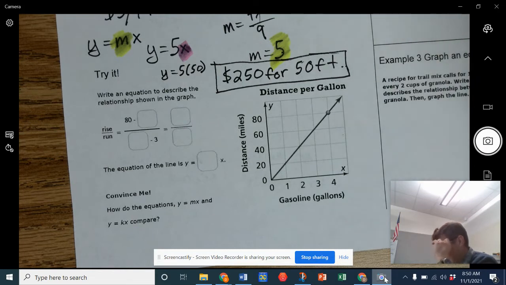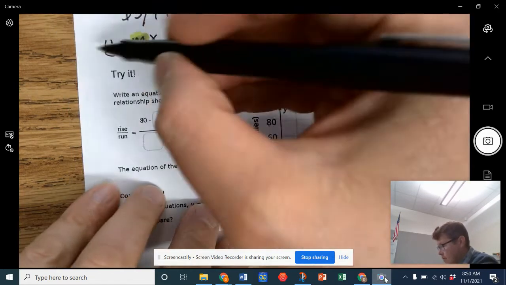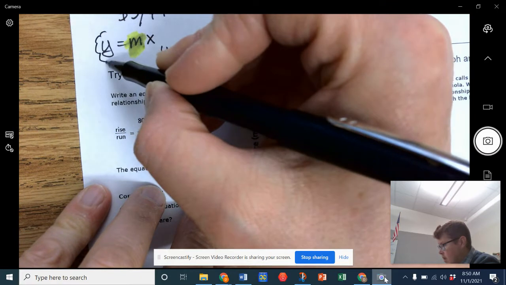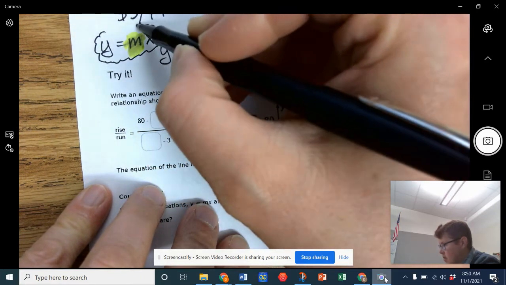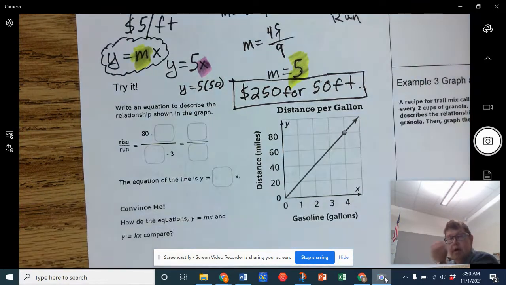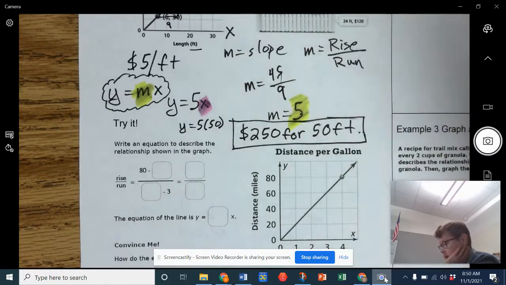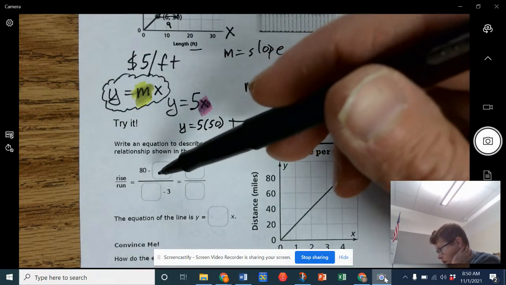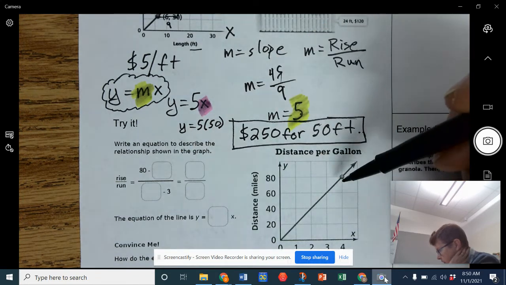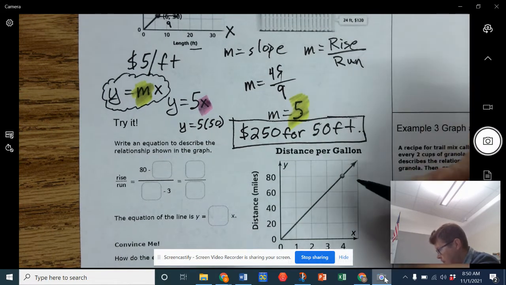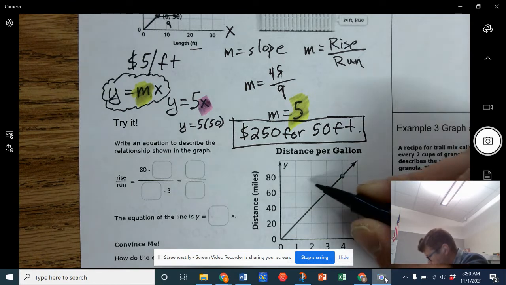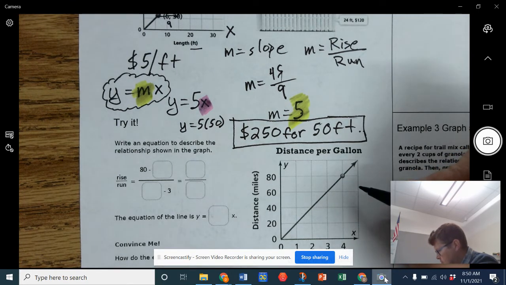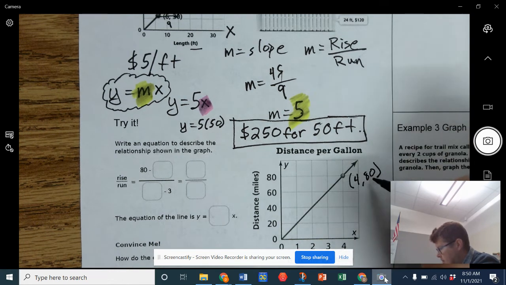I think that's the first time we've really talked about this kind of form. Very important equation. We'll be talking about this a lot, actually. Okay, so if we do this one on your own, we have one point right here at 4, 80. And then we're putting it into this formula right here.